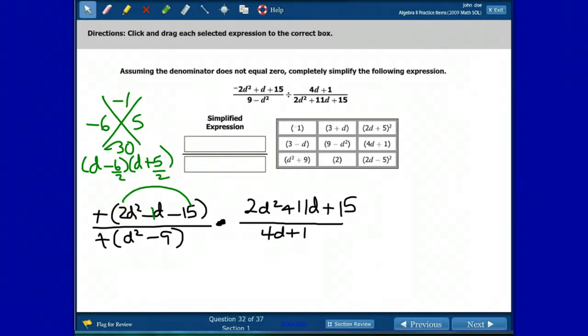If I can divide by 2, I do. So this is going to be d minus 3. If I can't divide, I put the 2 in front of the d. So this is going to be 2d plus 5. That's factored. This one's an easy one, at least it should be easy. If not, then you need to do a little bit more work because these are gimmies.